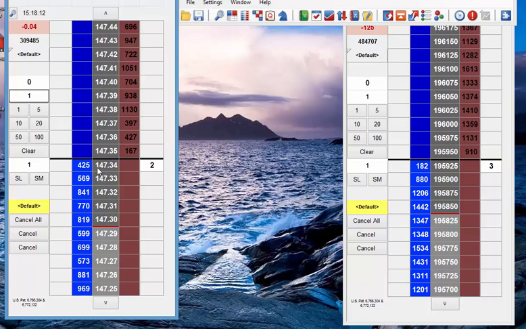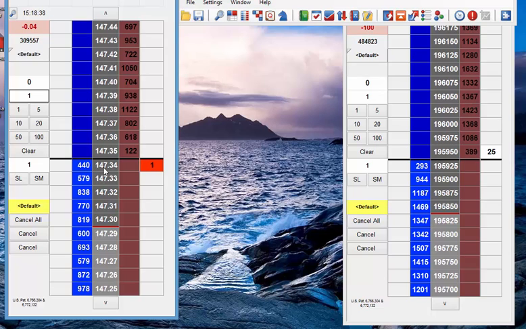Now, if I thought the market was going down, I could do what's called hit the bid. So I could sell to one of these people and I would instantly get in the market. There's no risk of me missing that price. So remember, we can lift the offer, which means take a price from one of these people offering to sell if we think the market's going to go up, and we can hit the bid if we think that the market's going to go down and sell to some of these contracts that are bidding here.